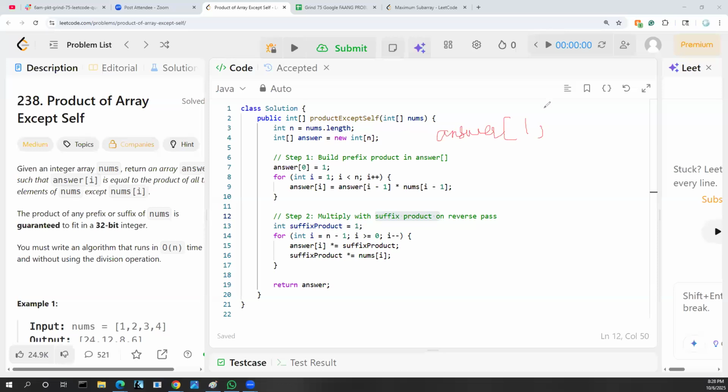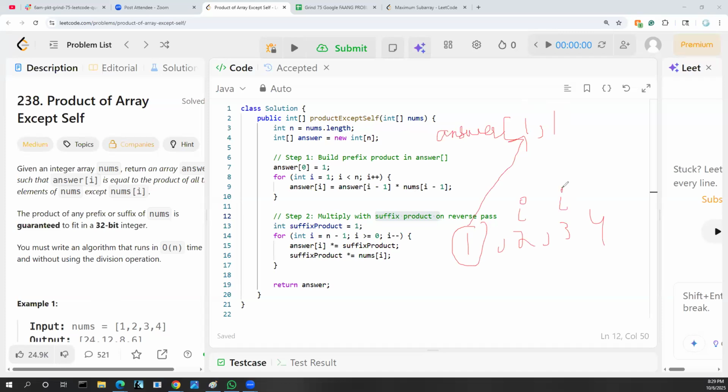Okay? How will I compute the next prefix? This, 1, 2, 3, 4, is my nums. Okay? My I has arrived here. This is my prefix. I multiply this by 1, okay? Because this is my current computed prefix, and store the result. So this is my second prefix number.